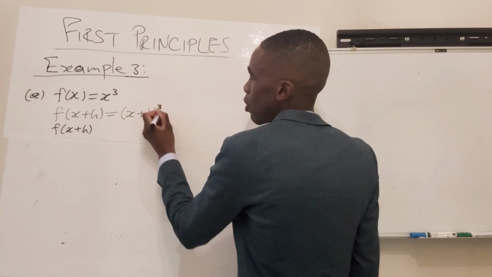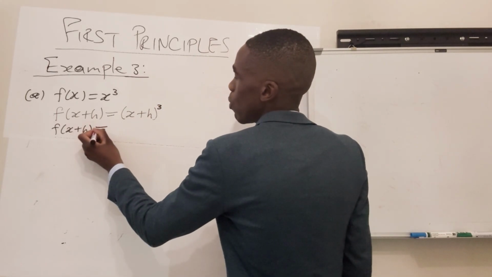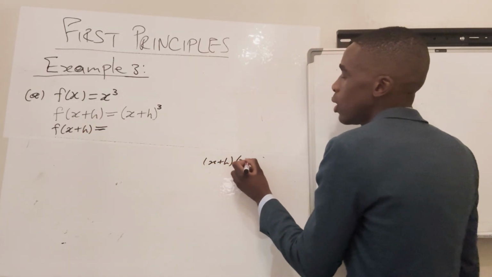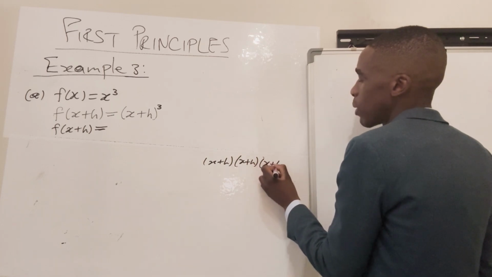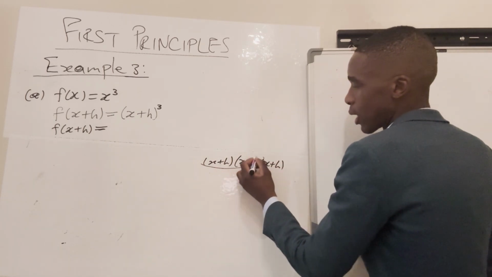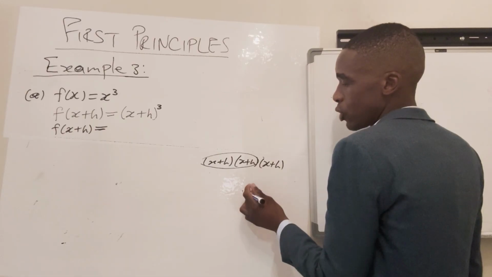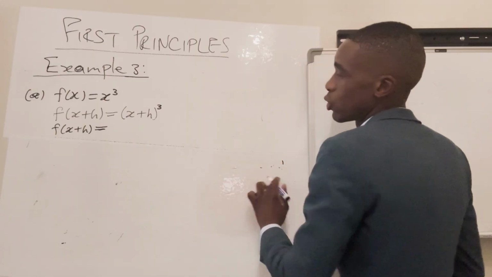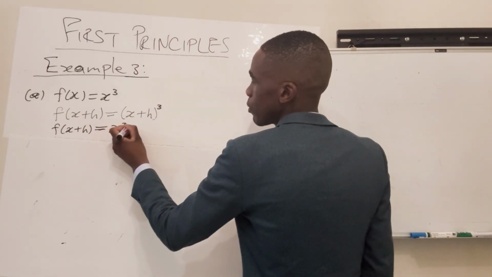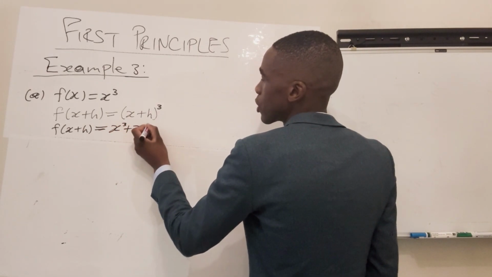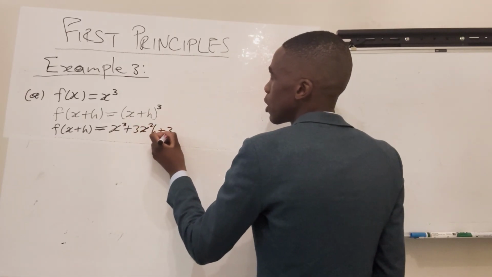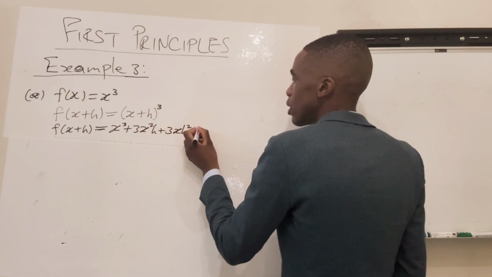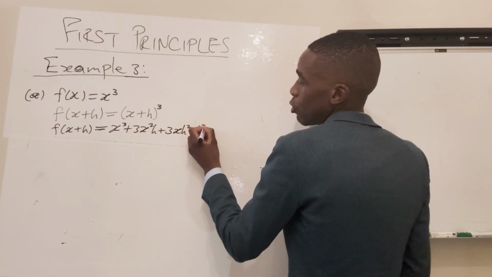Remember, the rule is still all cubed. Now, you can open 3 brackets on this one: x plus h, x plus h, x plus h. Then you can first deal with these 2, then you can work on that. And then you will realize you are going to have x cubed plus 3x squared h plus 3xh squared plus h cubed.